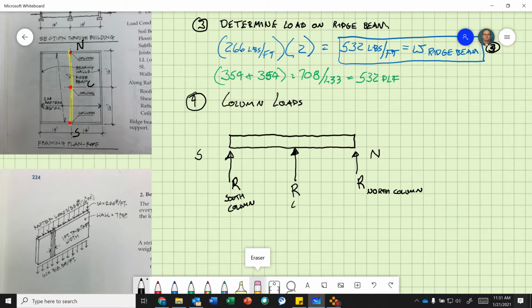Reaction center column. So that reaction, remember, it just turns up, so the column is holding that load from the reaction.